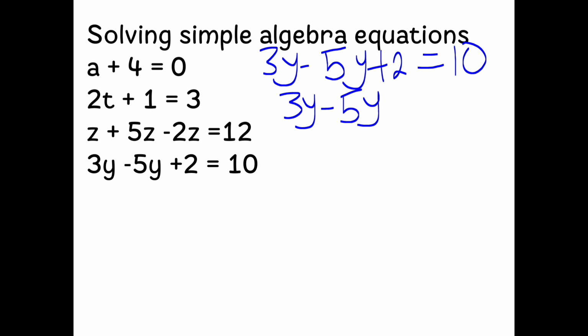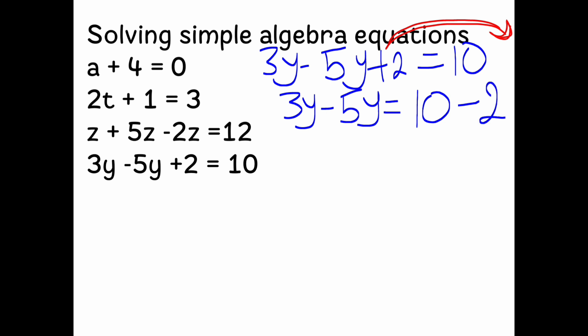So only plus 2 is traveling to the other side, and when it travels to the other side, it changes sign. Very good, right? So we have 3y minus 5y on the left hand side, equal to, we have 10 maintaining its position, minus 2. Do you understand?